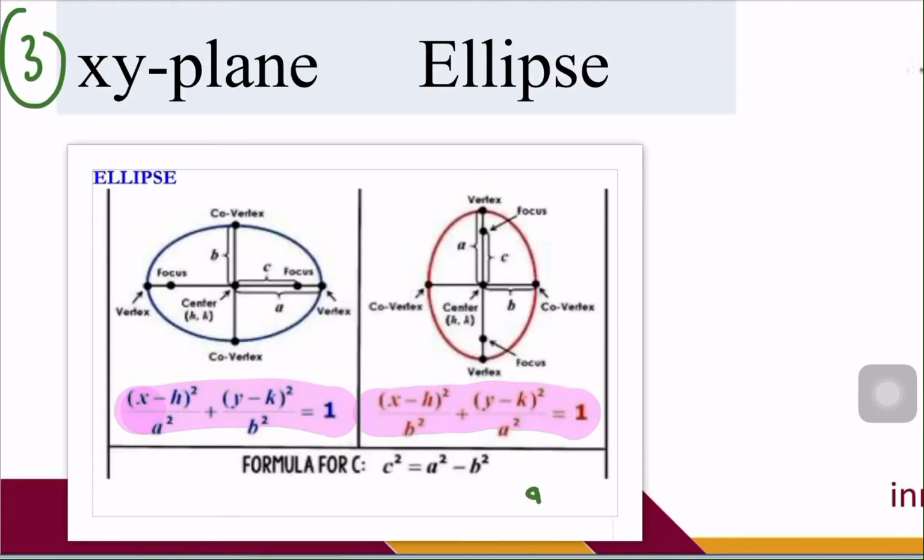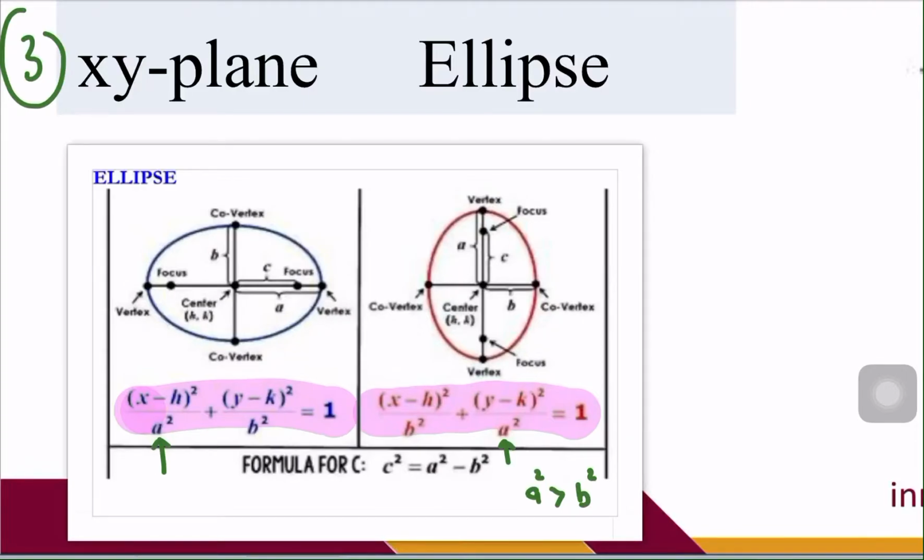In this case, a is the major axis, so a is greater than b, and a squared is greater than b squared. If the bigger number is under x, the ellipse will be horizontal. When the bigger number belongs to y, it will be vertical.